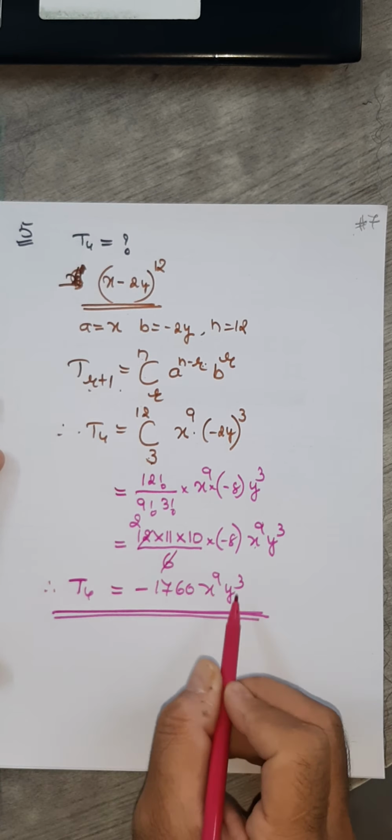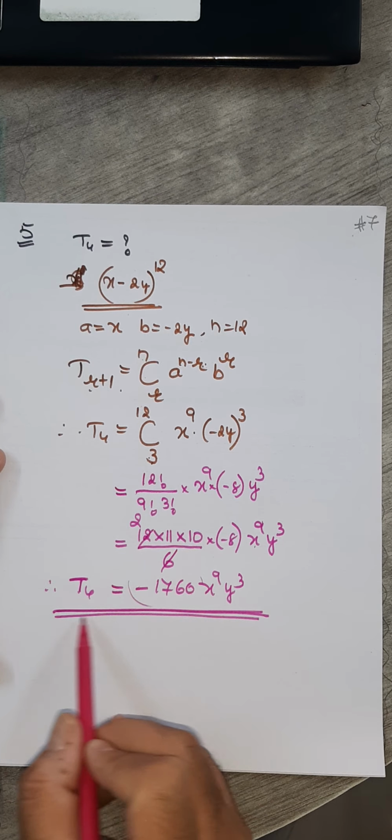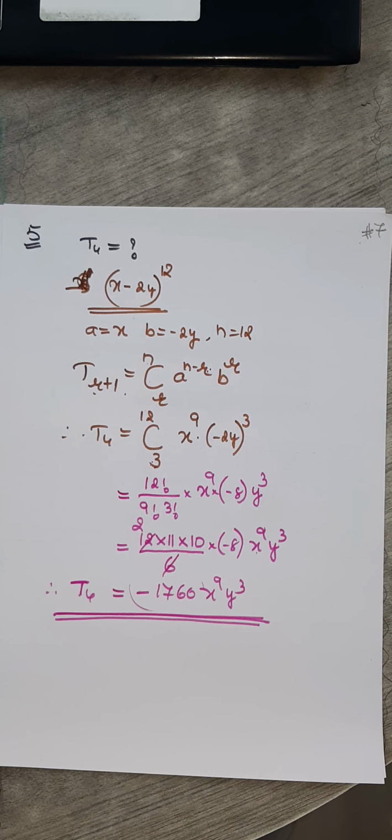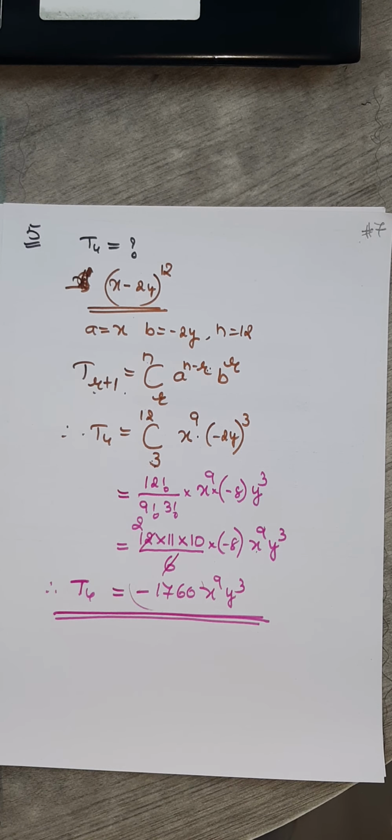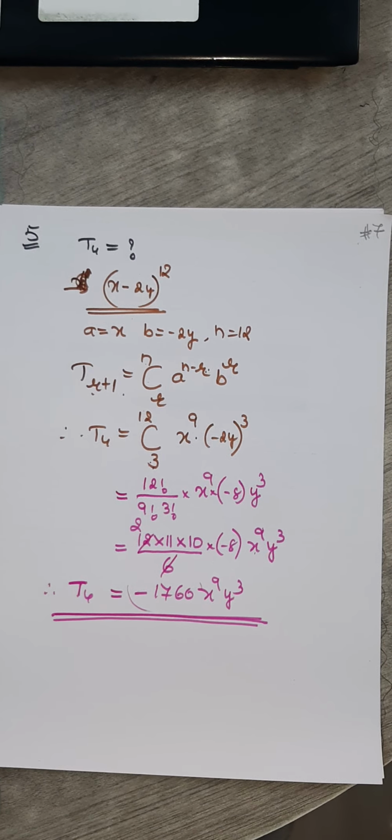Finally, if you are asked only the coefficient of this, then you need to write this. You are not asked the coefficient. You are asked for the entire, which term? Fourth term, remember here. So it is minus 1760 into x raised to 9 into y cube. I hope this is now very clear to you. It's just a question of simplification, remember.